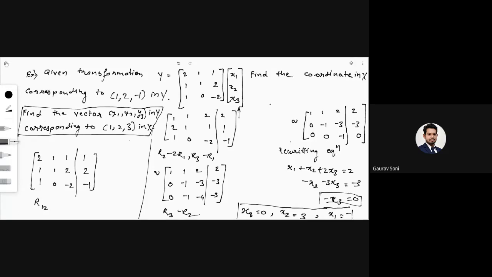Now another type of example in linear transformation is: express each transformation in matrix form.